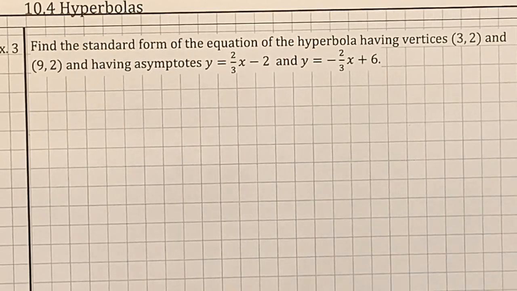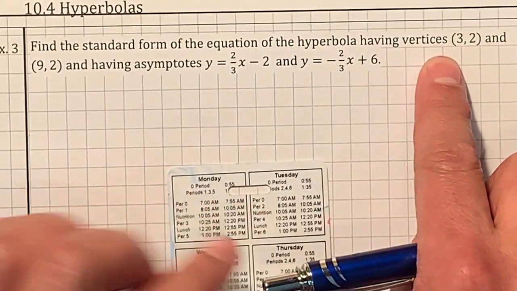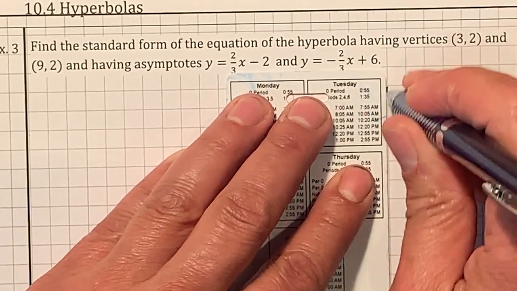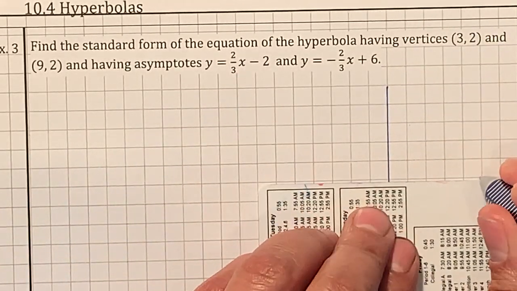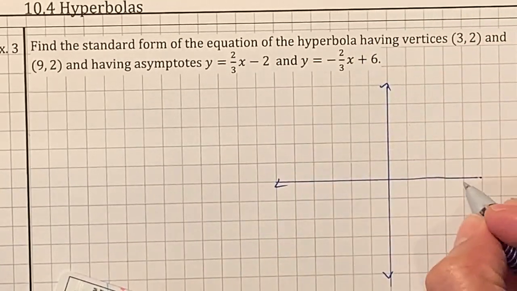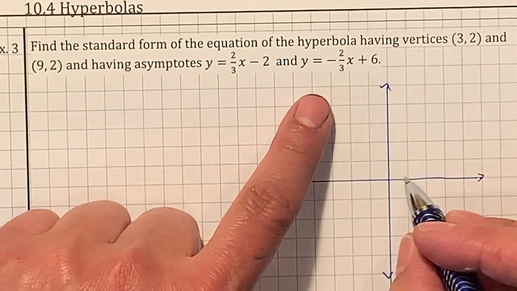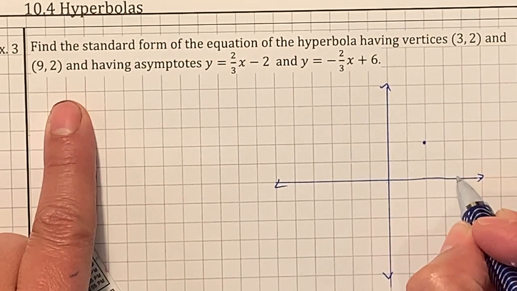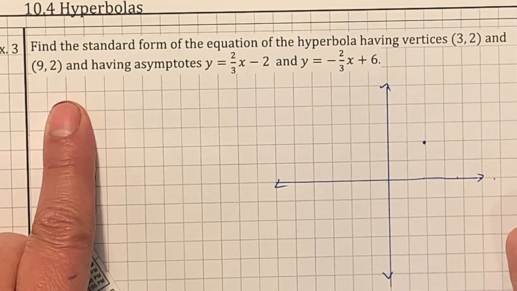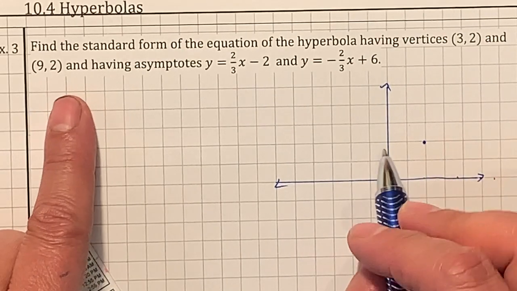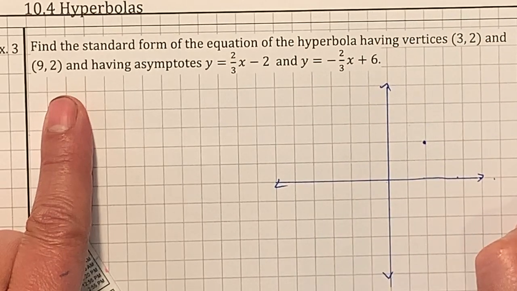Excellent. So in this case, they give you 2 vertices, and they also give you the asymptote. So I'm just going to make a quick sketch. So therefore we have 3 and 2, and 2, 4, 6, 8, 9. I need a little more space. So what's the difference between this point and this point?